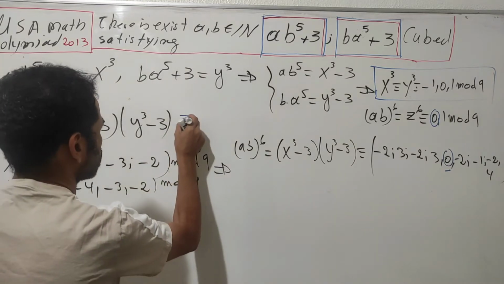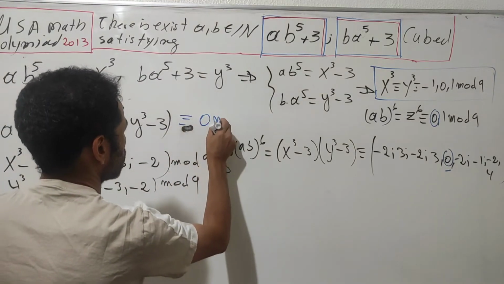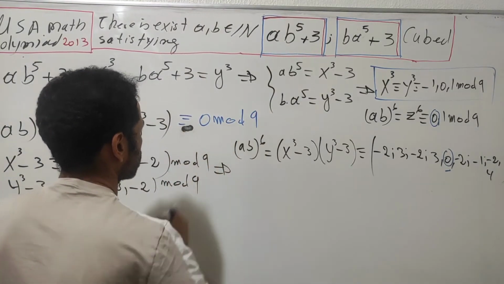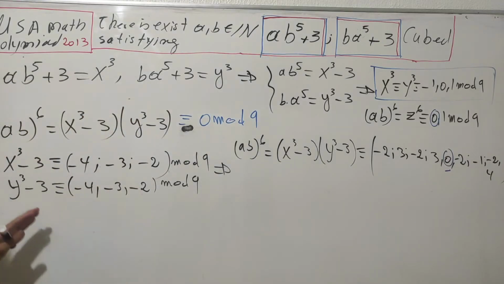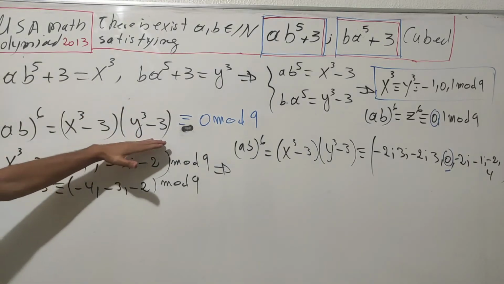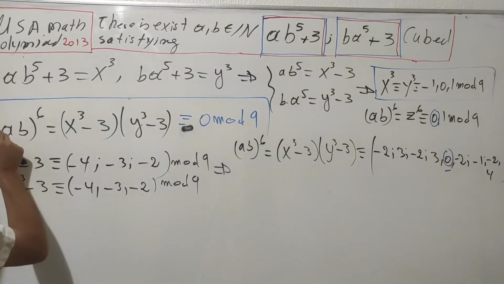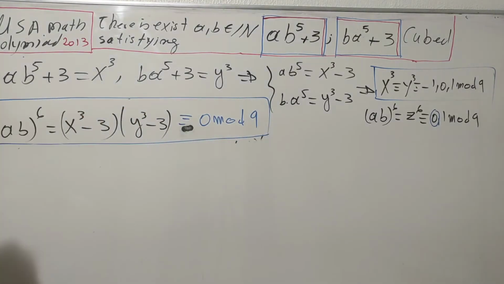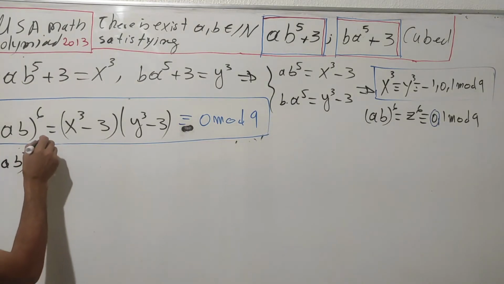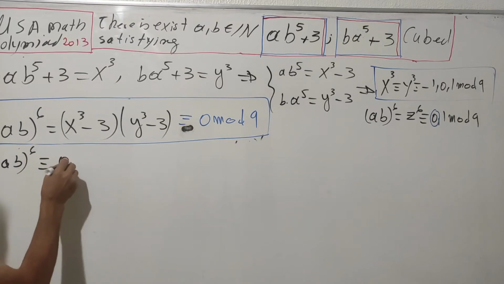Now this one is telling us it is congruent to 0 mod 9. Now let's read the blue portion and work on this one. So we get ab to the 6 is congruent to 0 mod 9.